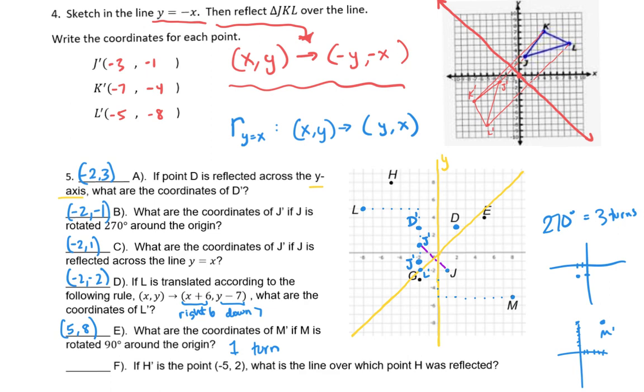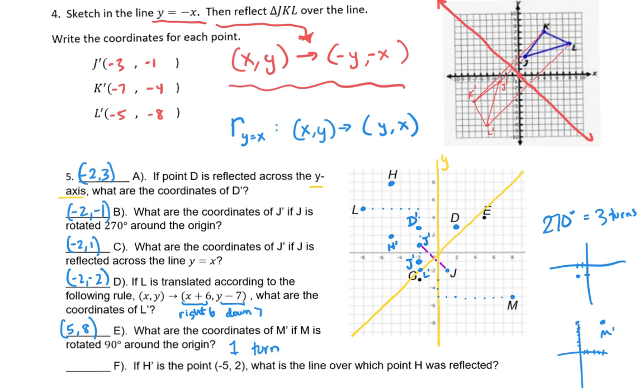And last up, if H prime is the point -5, 2, what is the line over which it was reflected? That's a cool question. You see the original H, and then the new H prime. So we need to see what's directly between the two, the middle of H and H prime, and that's the line that they got flipped over.